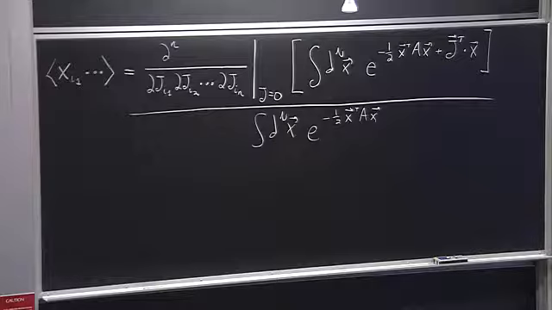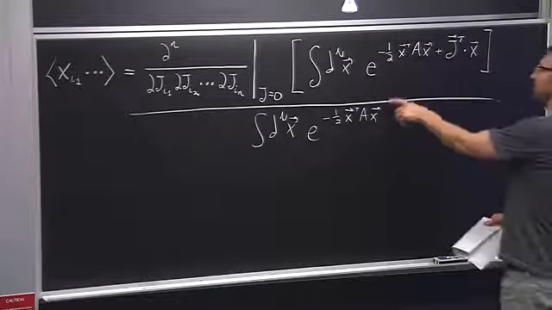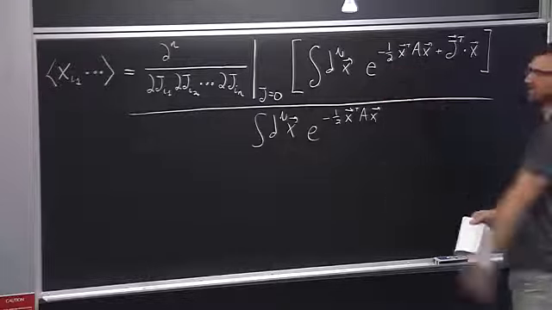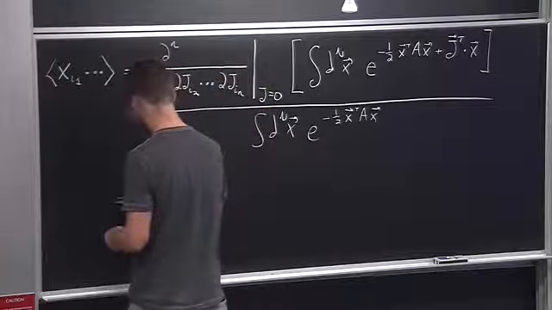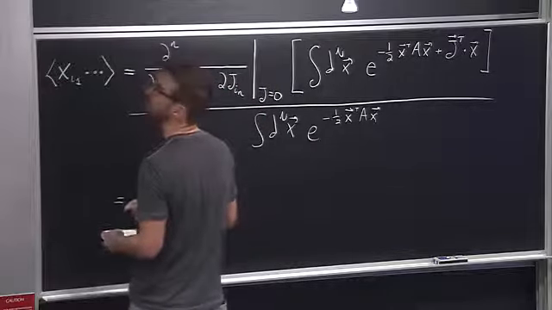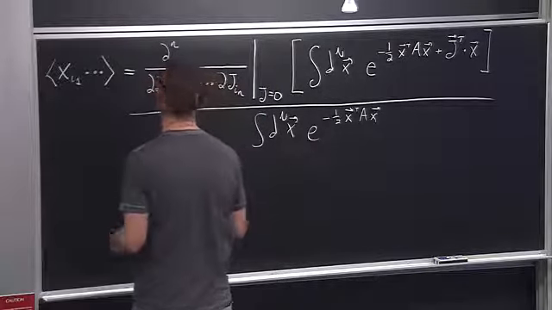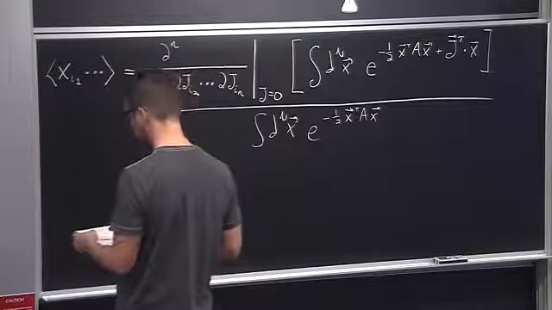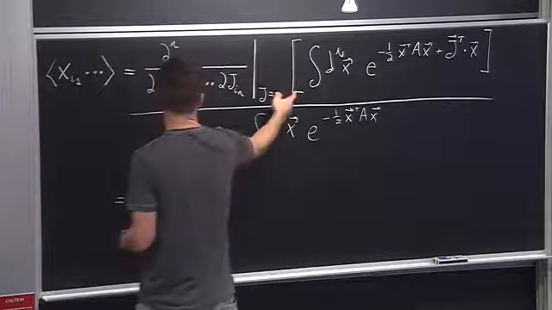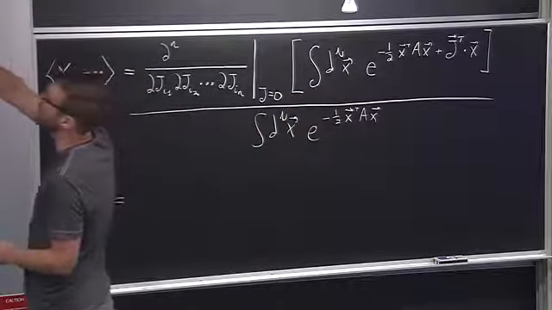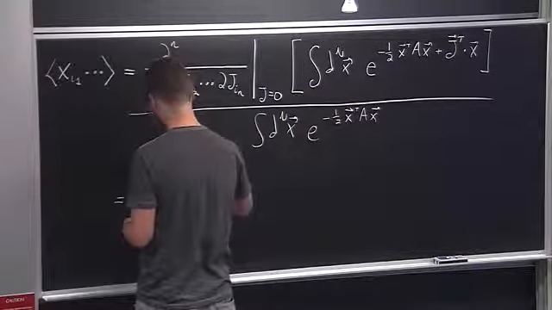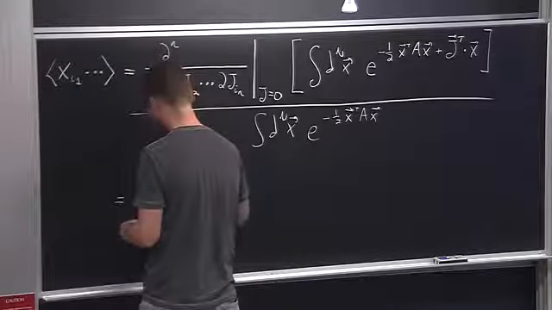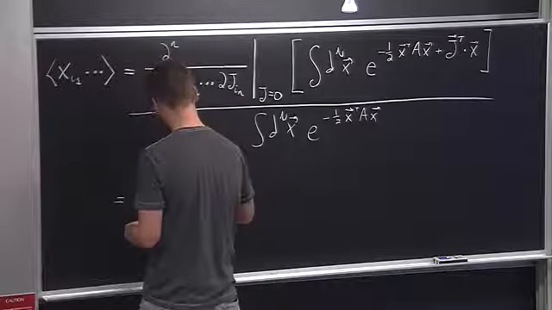So because this derivative doesn't act on this original Gaussian part, I can just rewrite this thing as the derivative. Well, number one, this thing is actually just what I wrote up here as I. So that's handy. So I can rewrite this as just a derivative in more compact notation.